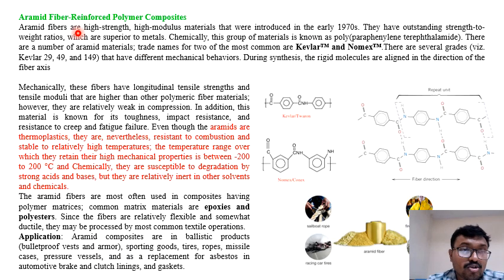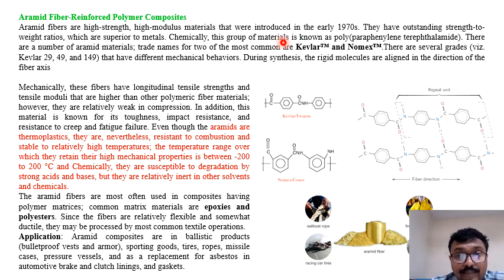Aramid fiber reinforced composite. Aramid fibers are high tensile strength, high modulus materials that were introduced in the early 1970s. They have outstanding strength to weight ratio, which is superior to metal.